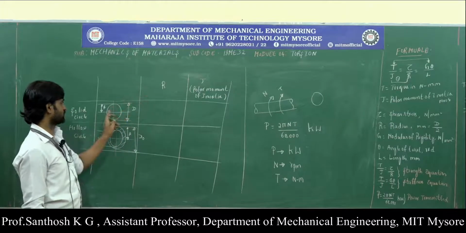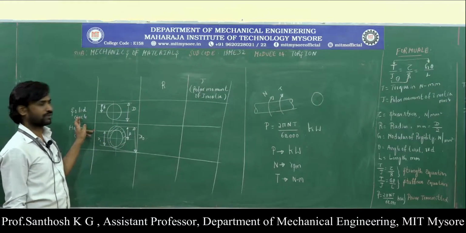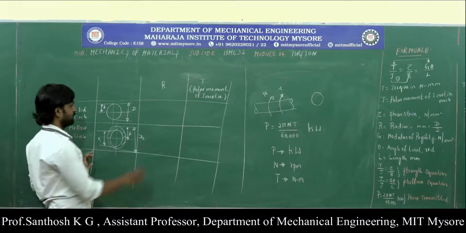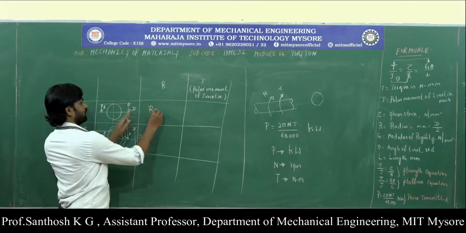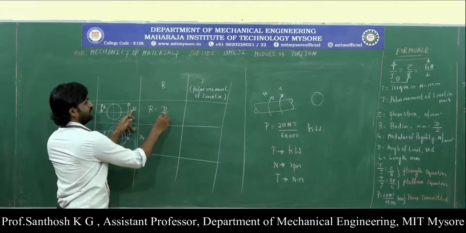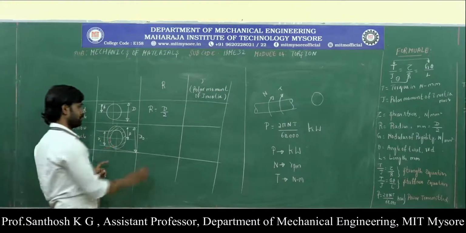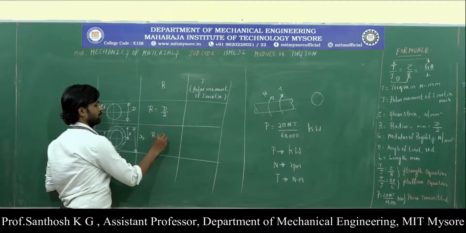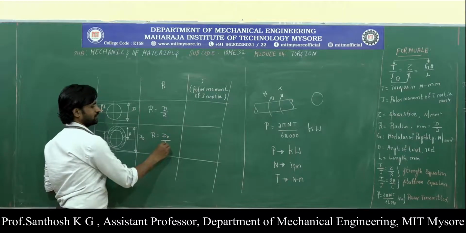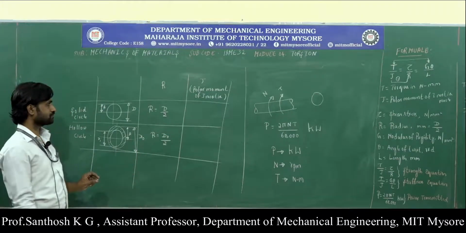So for the first case, that is for a solid cylinder, the value of R will be equal to diameter divided by 2, whereas for a hollow cross section, the value of R will be equal to d naught divided by 2.